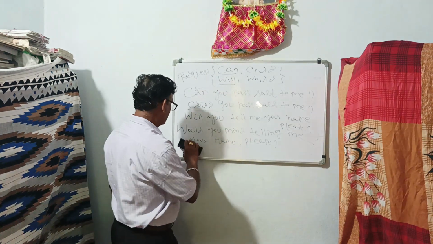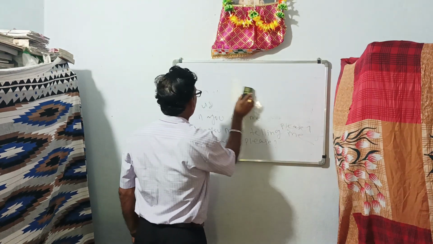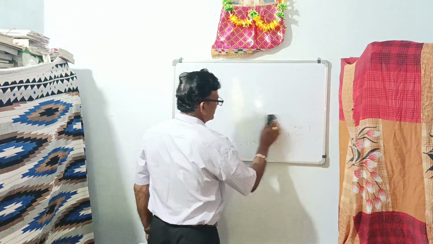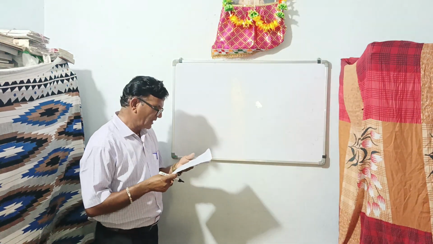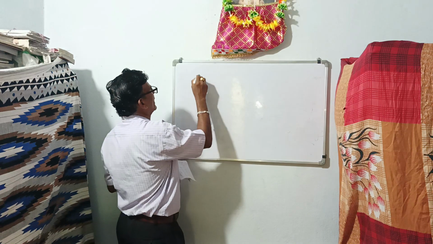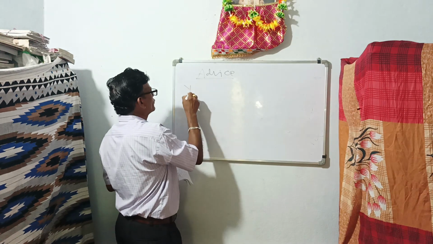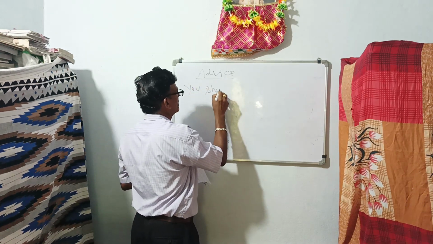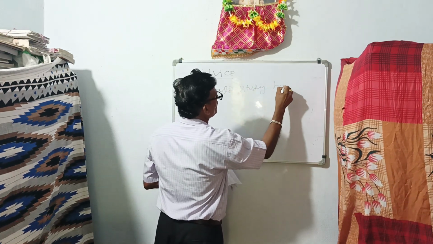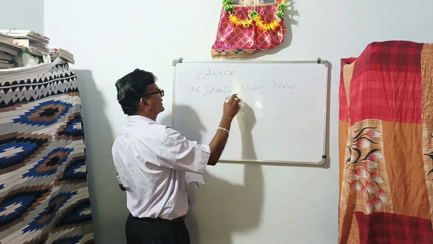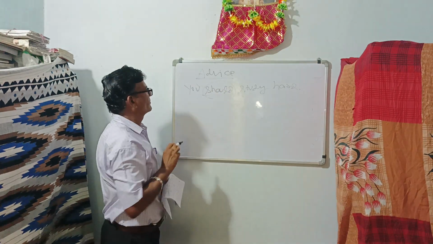Thus, we have learned modal auxiliary verbs are used to express permission, request, probability or possibility, etc. Then advice, wish, obligation. Advice: you should study hard. This is my advice, so here should is the modal auxiliary verb which expresses advice.